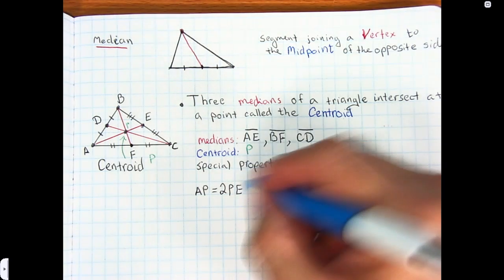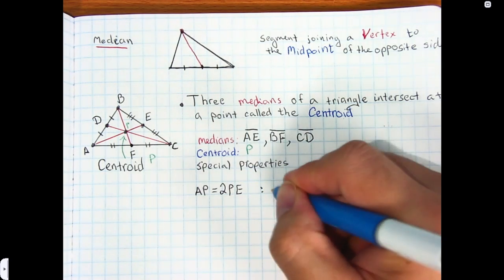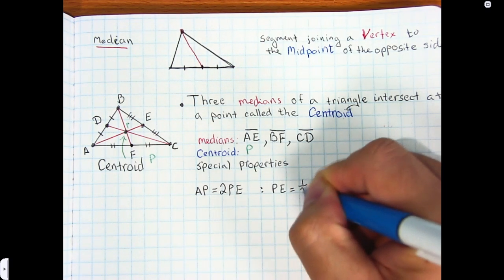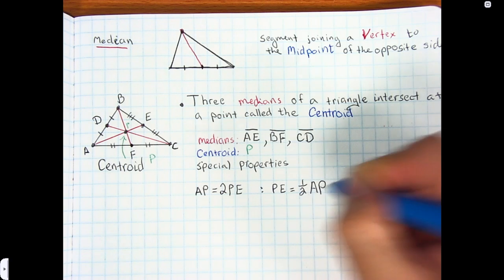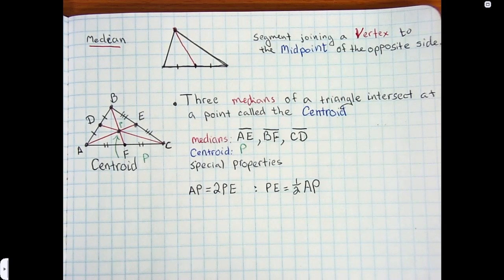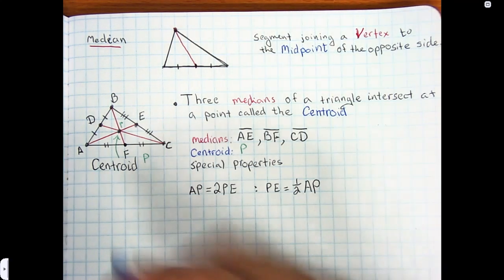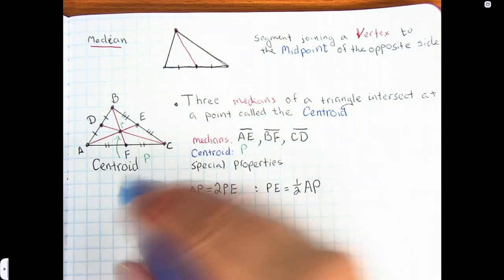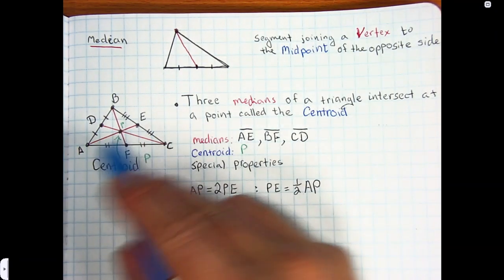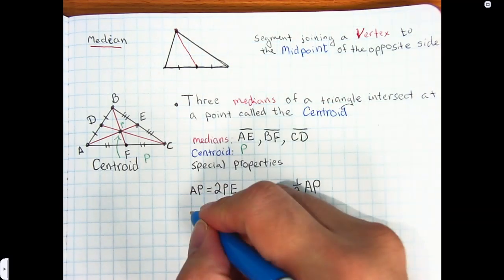Okay, so because of that, we can say the opposite, that PE is going to be 1/2 of AP. And you guys remember in the beginning of the year, we talked a little bit about dividing a segment into portions. This is the follow-up. So because AP is twice PE, that basically gives us 3 different segments.